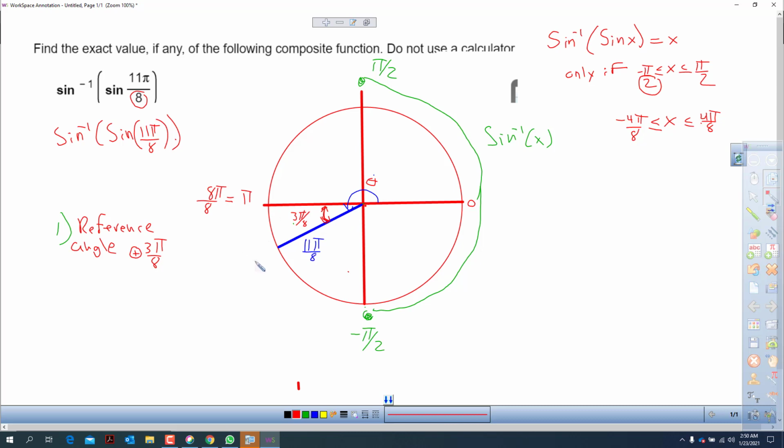So since we know that the sign of sine here is negative, also on the fourth quadrant, sine is negative. So you need to adjust this reference angle right here.